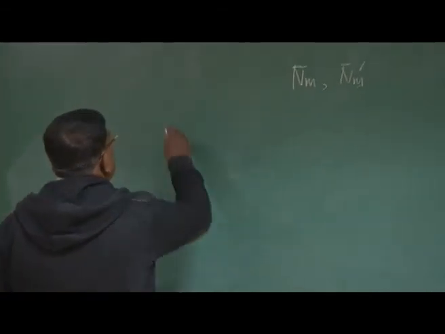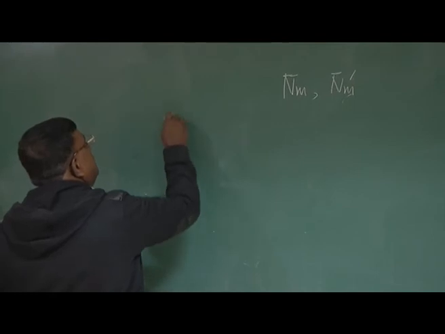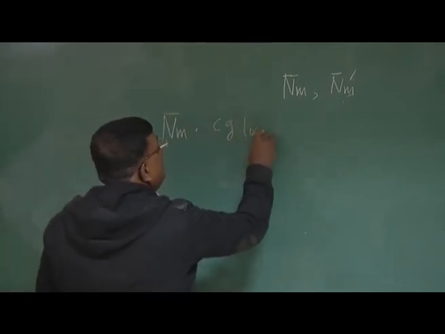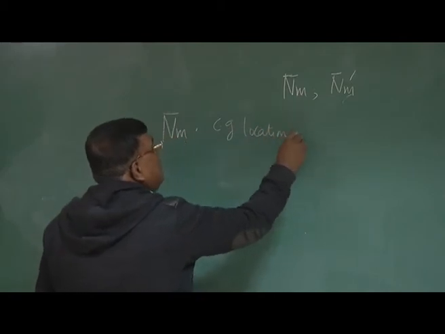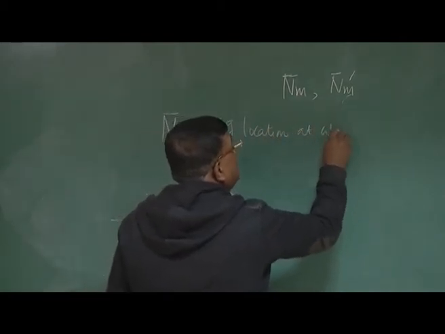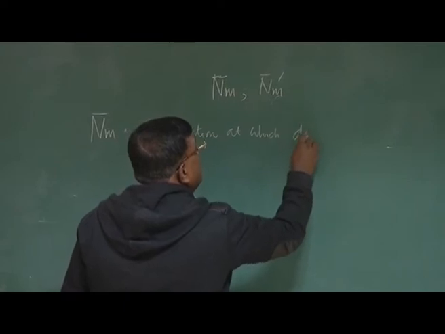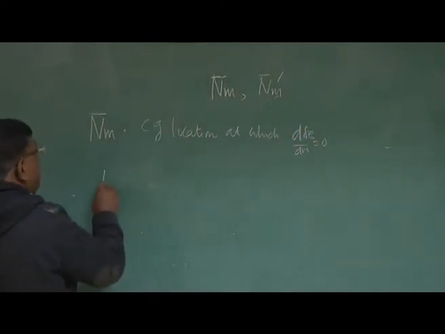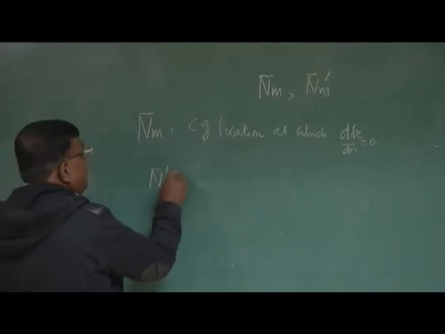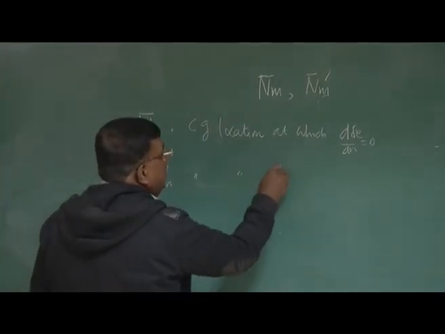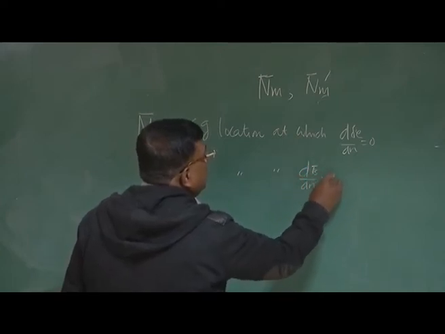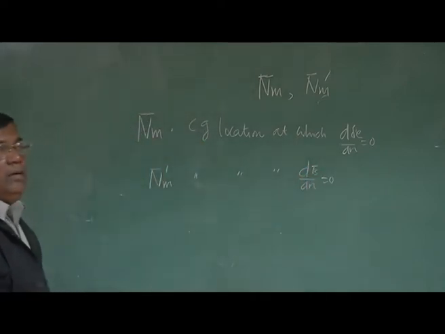By definition, the stick-fixed maneuvering point is that CG location at which d delta E by dn is 0, and the stick-free maneuvering point is that CG location at which dFs by dn equals 0. These are two definitions we are aware of.